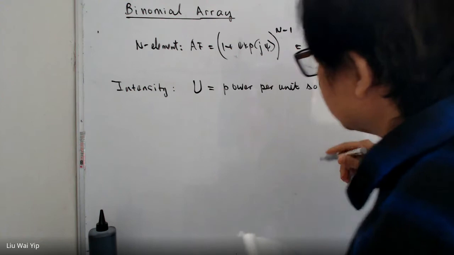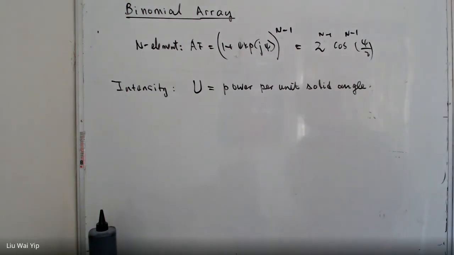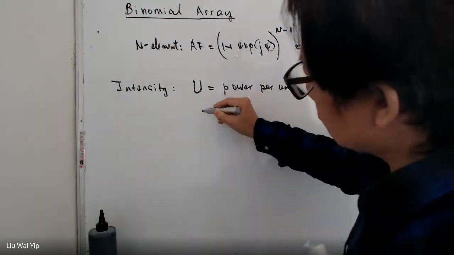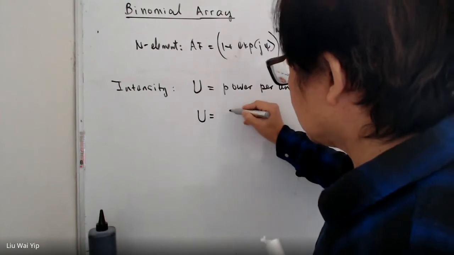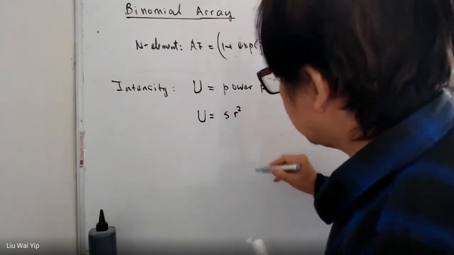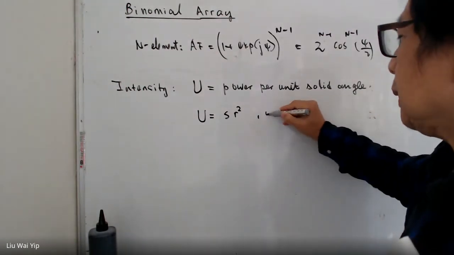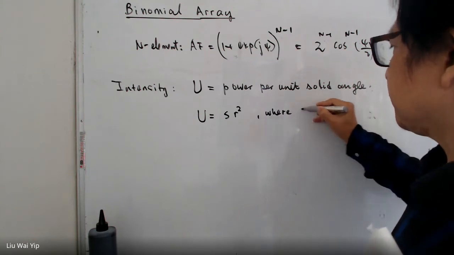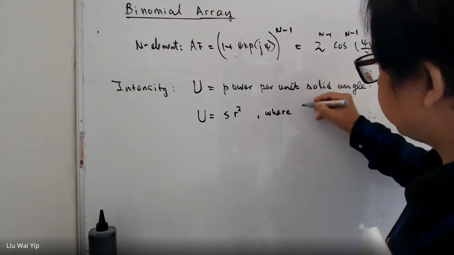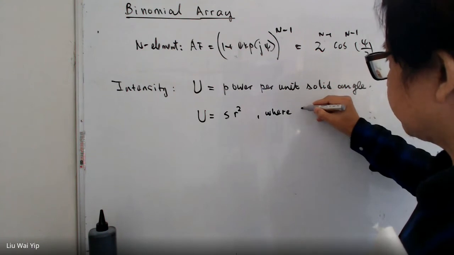And now we are going to explore what they are. And we know that U is equal to S R squared, where S is the power density.